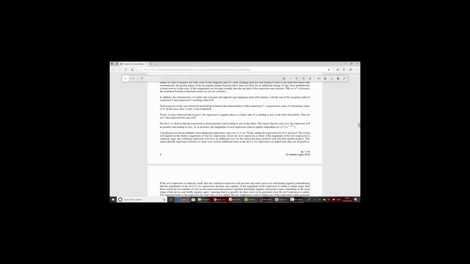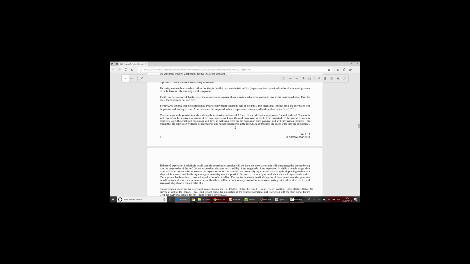So for m equals 1, the expression has 1 zero. For m equals 2, the expression is always positive and tending to 0 at the limit. That means for each m greater than 2, the expression will be positive and tending to 0. As m increases, the magnitude of each expression reduces rapidly, dependent on e to the minus m squared pi.